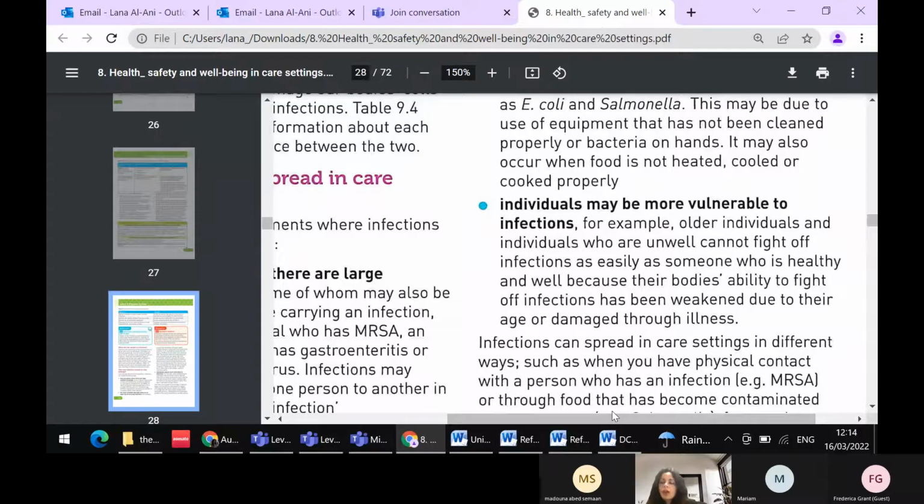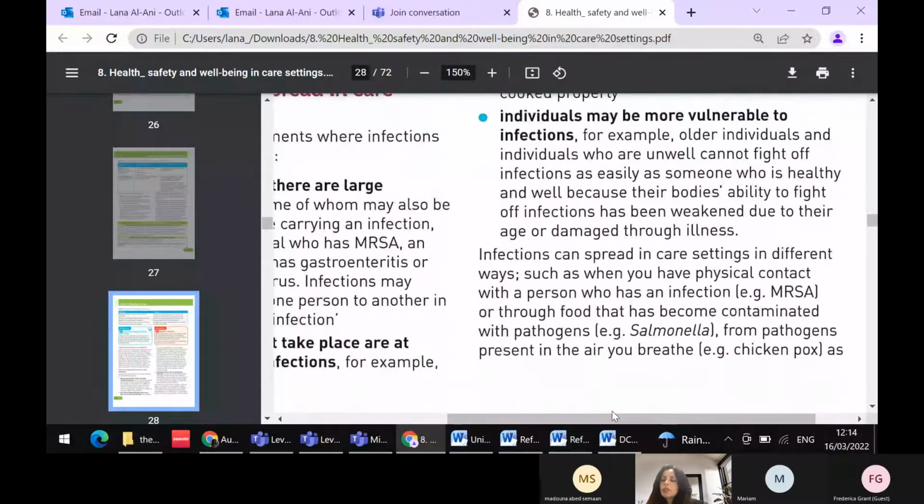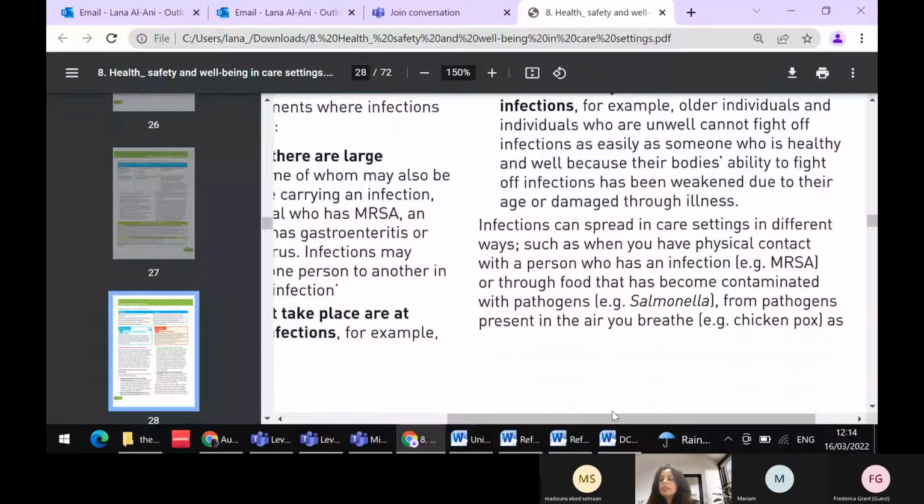If the elderly people are unwell, they cannot fight it, because their immune system is really weak. Then if they are sitting with other people in the care home and are not separated, they can spread the infection.